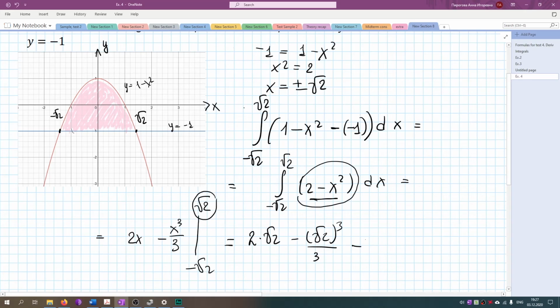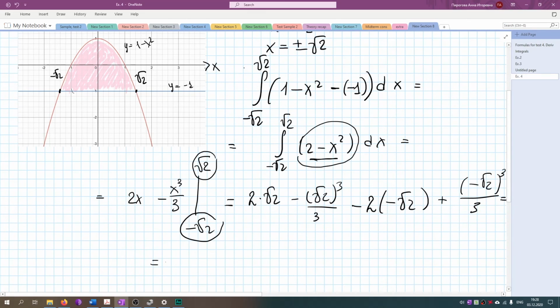And then we will subtract the expression which we get if we put in the other boundary. So 2 multiplied by minus square root of 2 plus minus square root of 2 to the third power divided by 3, and now we just need to simplify it.